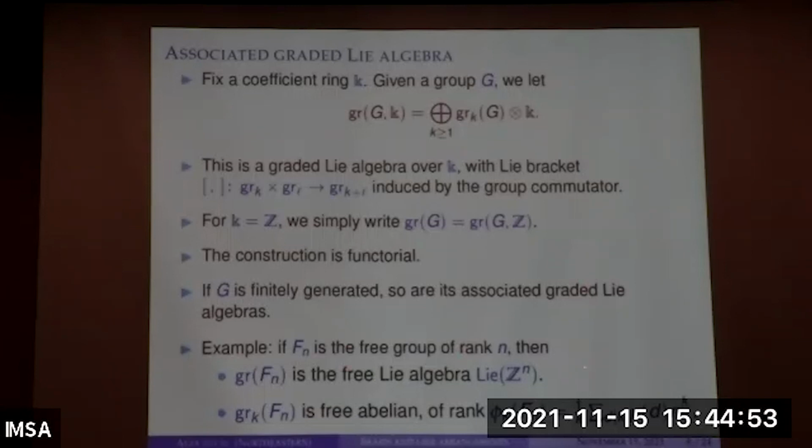I think this was Magnus, and then the ranks of these groups were computed in terms of the classical Witt function, given by divisibility relations. So these are the ranks of the LCS quotients of the free group, which are the same as the ranks of the free Lie algebra. Okay, so far so good.